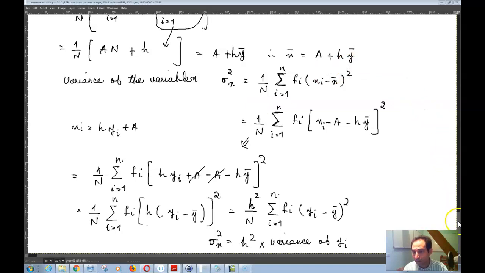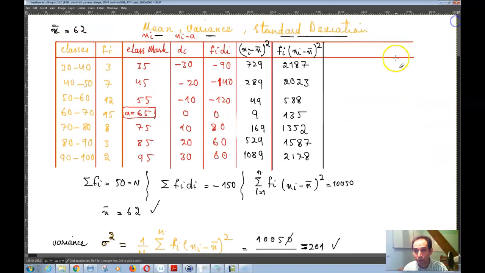So that's the whole story here. Now let's do a couple of examples using this formula and this way of calculating the variance and the standard deviation. Let's see how we can use it.